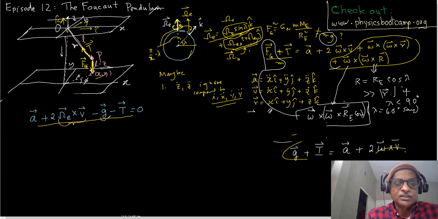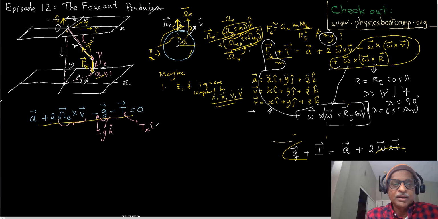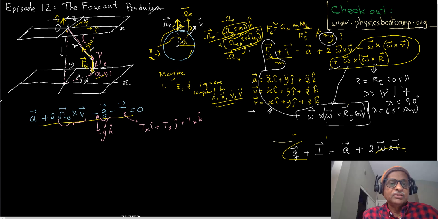Along this we already have minus g k hat. So minus and minus will become a plus, and this T will be Tx i hat plus Ty j hat plus Tz k hat. And Tx, you can see here, is pointing in the negative direction.